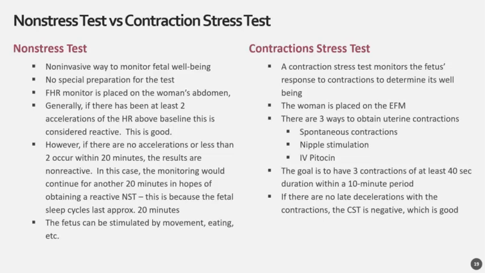The goal is to have 3 contractions of at least 40-second duration within a 10-minute period. After that, the practitioner reviews the fetal monitor strip to determine the reaction of the fetus to the stress of the contractions. If there are no late decelerations with the contractions, the CST is negative, which is good.